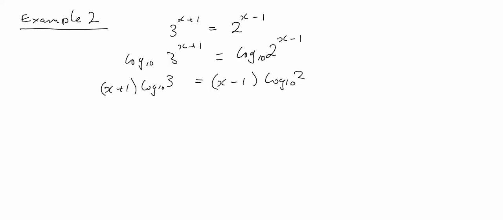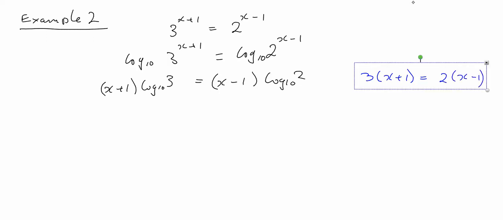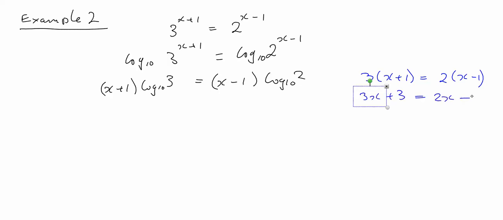This is very similar in a sense to the equation 3 times x plus 1 equals 2 times x minus 1. I've replaced log 3 and log 2 with 3 and 2 because log 3 and log 2 are numbers, and if we wanted to solve this equation, we would just expand the brackets. 3x plus 3 equals 2x minus 2.